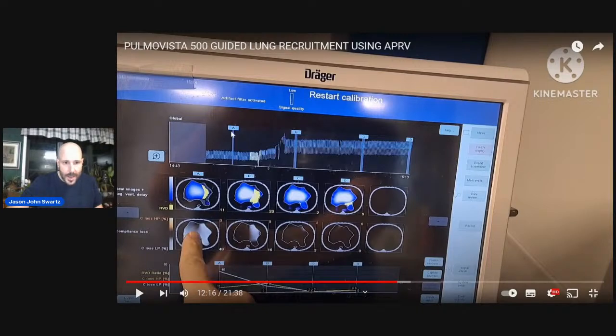Okay, so A is the conventional. B was right when we started with APRV at 25, and then C and D is at 30. And down here, I can see there's no orange, there's no white. If there's white, there's just a speck here, and orange, there might be a little slash of it, barely.